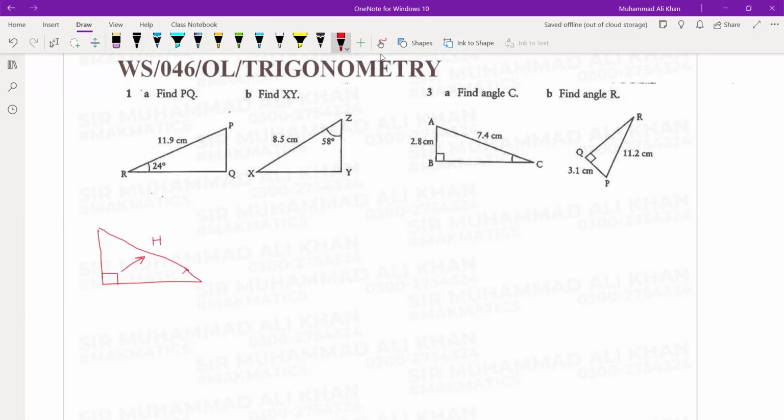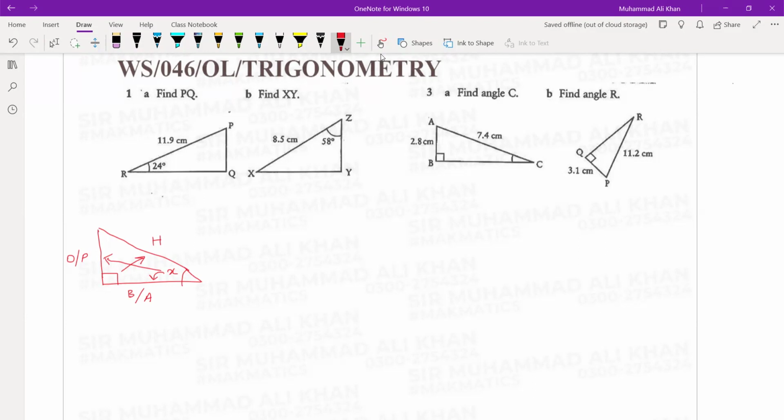And if the angle is this, angle x, this side is called opposite side, or we can call it perpendicular side. And this side is called base side, or we can call it adjacent side of the angle, right? जो एंगल के साथ होगी वो adjacent side होगी और जो एंगल के सामने होगी वो opposite side होगी, right?